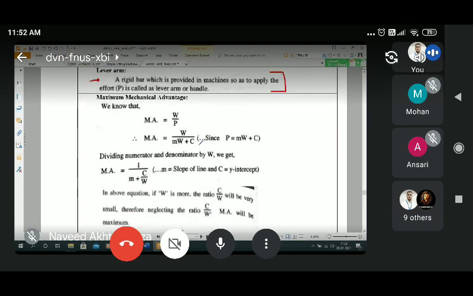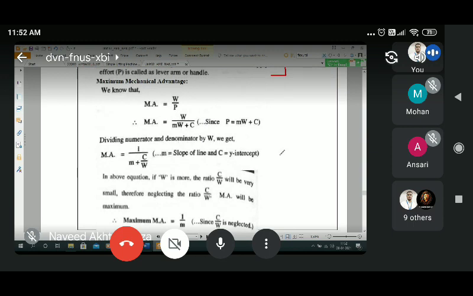Now we can see the maximum mechanical advantage. So when will the mechanical advantage be maximum? The mechanical advantage is W upon P, है ना. And P is from the law of machine. You have seen that P is nothing but m W plus C. So we will put this.